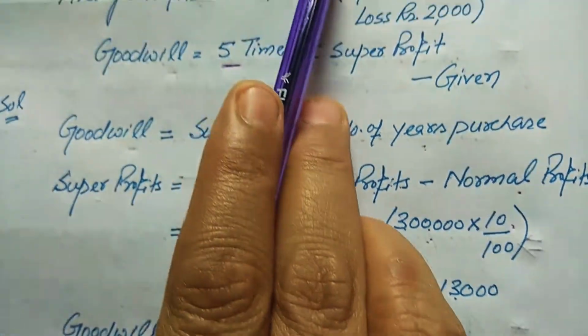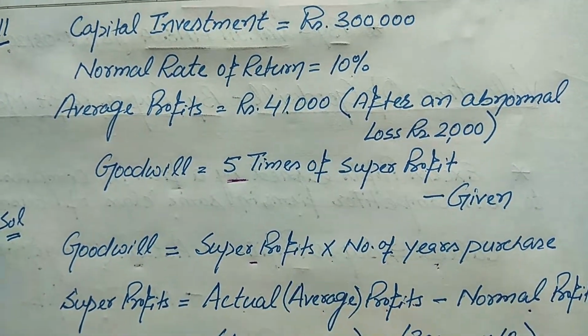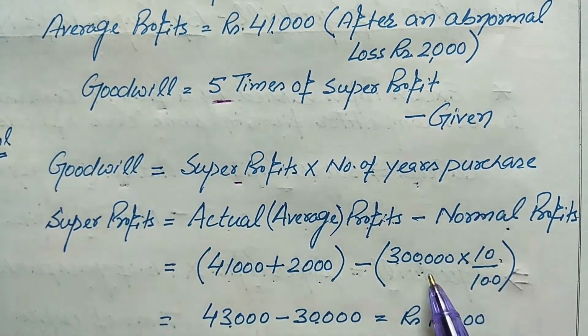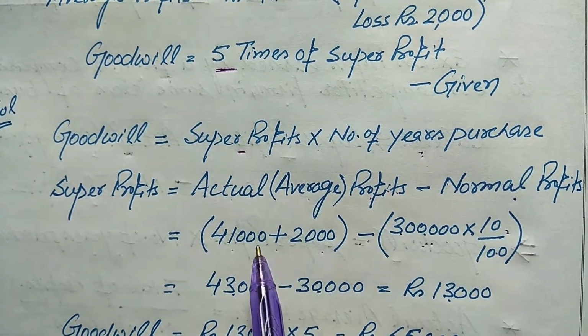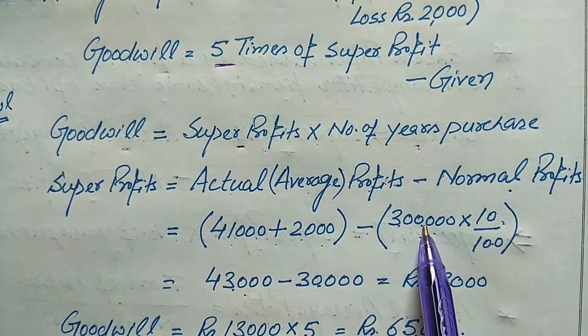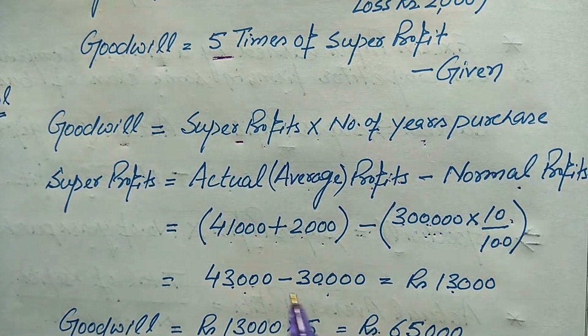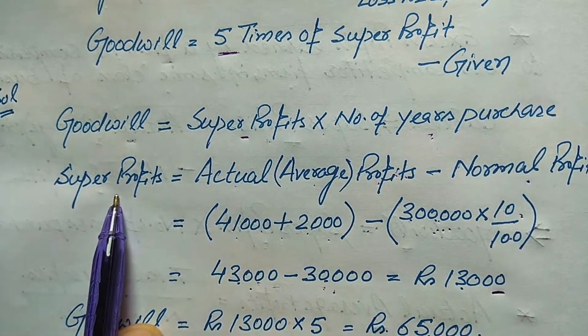In the question, capital investment is given as 3 lakh, normal rate of return is 10%. That's why 10% of 3 lakh. The calculation will be 41,000 plus 2,000, 43,000, minus 10% of 3 lakh, 30,000. The difference will be 13,000, which is treated as super profits.